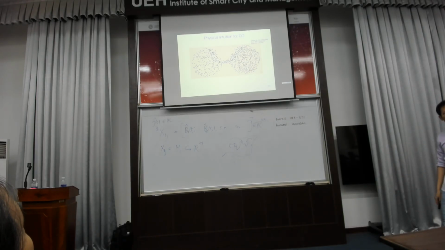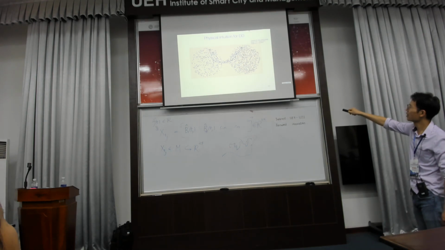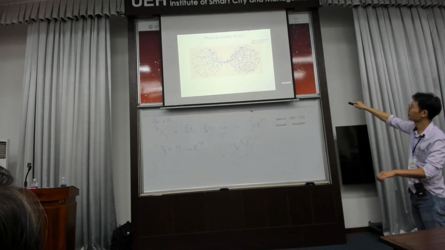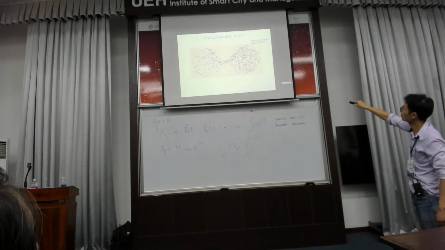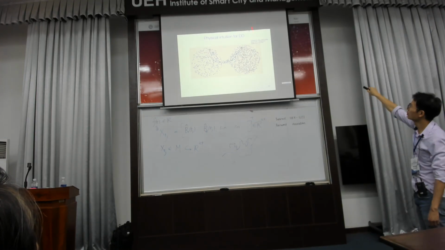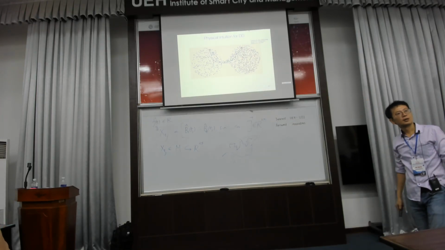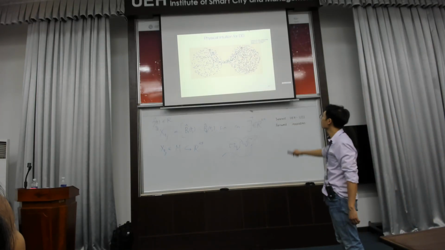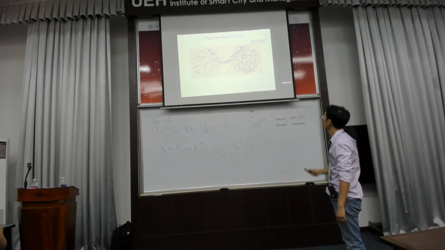In what sense? If you look at all these points, you see this is like a dumbbell, right? Many points here, a very small isthmus, and another cluster of points. Now there are 3 points, A, B, and C. I ask you to compare the distance between A and B, and between B and C. What will you say?